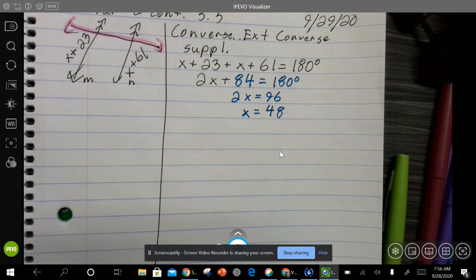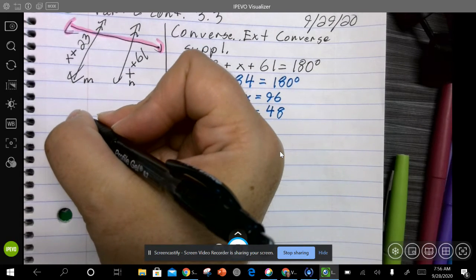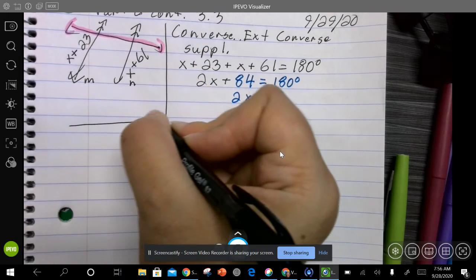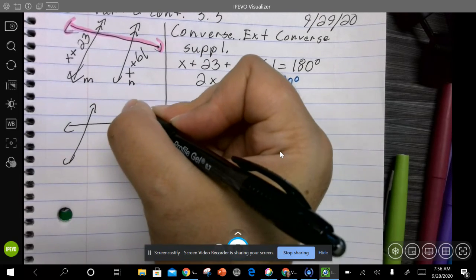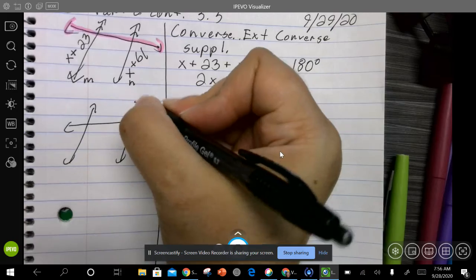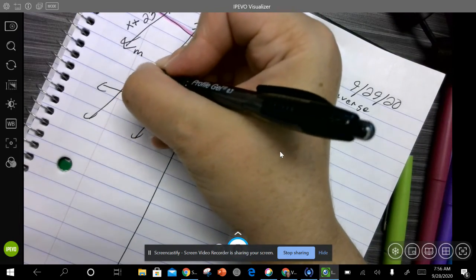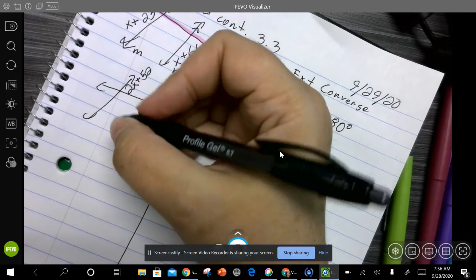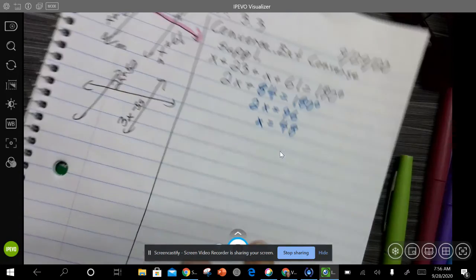Okay, what if we had this one? So we have 2x plus 52 and 3x minus 55.